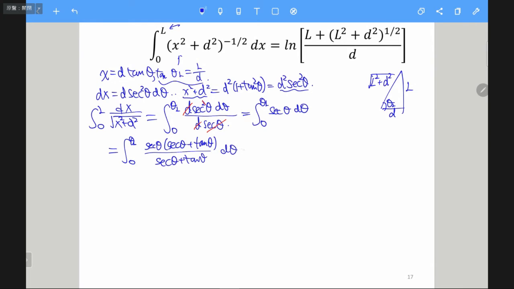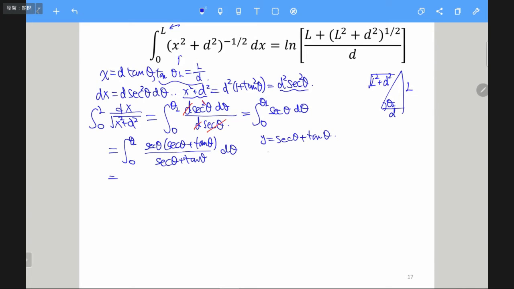Now we can let y equal secant theta plus tangent theta.